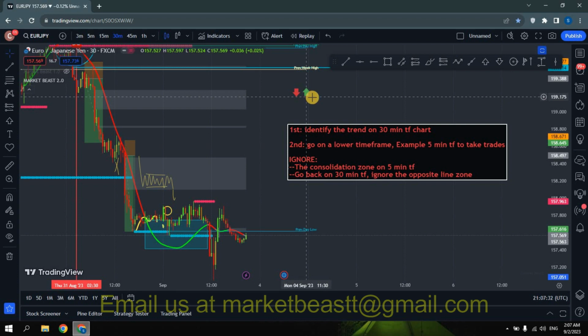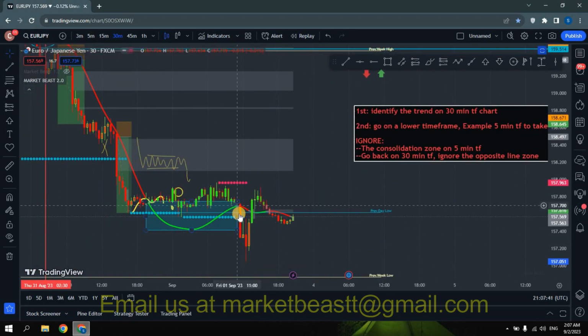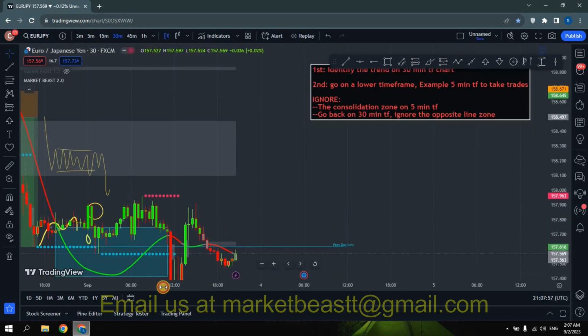This is our opposite, the green line. So here to here we are going to ignore the trades, and from here we are getting again the sell signals. Alright, because the candle closed below the line and the line turned red here, as you can see. Let me zoom it more.